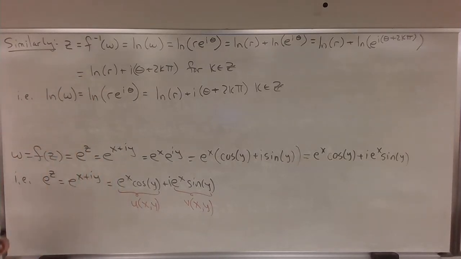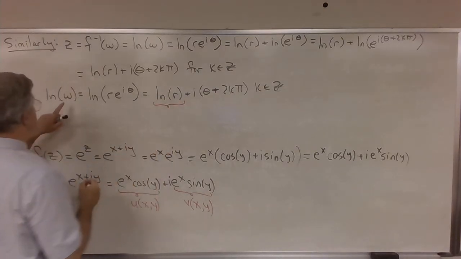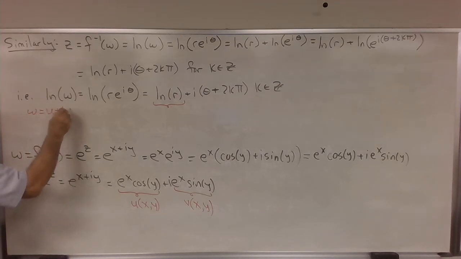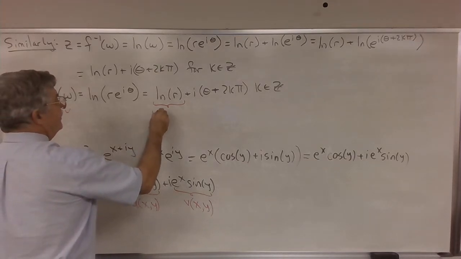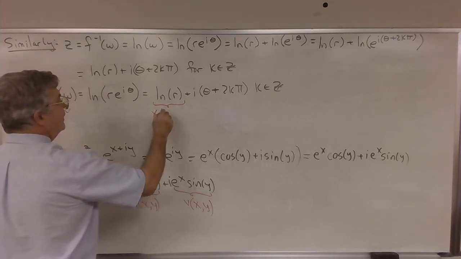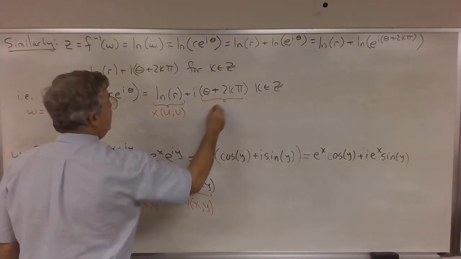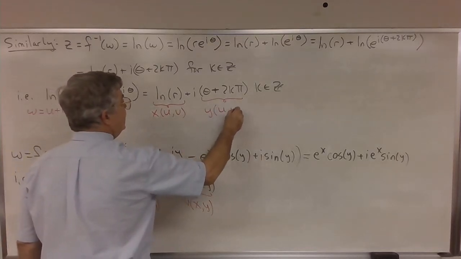And now in terms of the rectangular coordinates, where w equals u plus iv, this is our function x of u, v, and this is our function y of u, v.